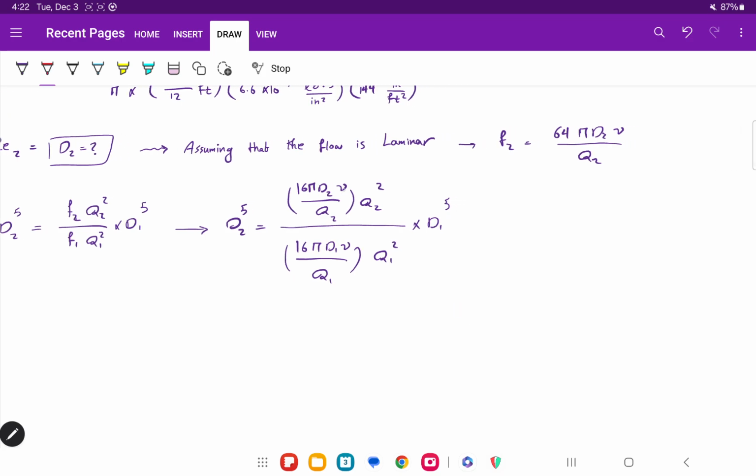So again, kinematic viscosity is fixed and these terms are gone. So we will have D2 to power 5 equals, let me check it.